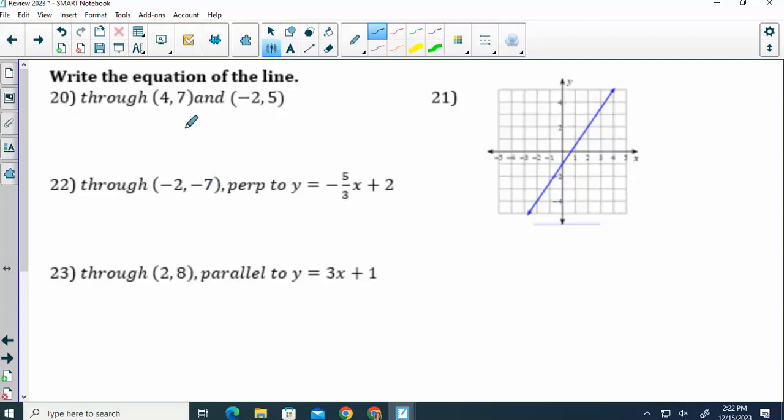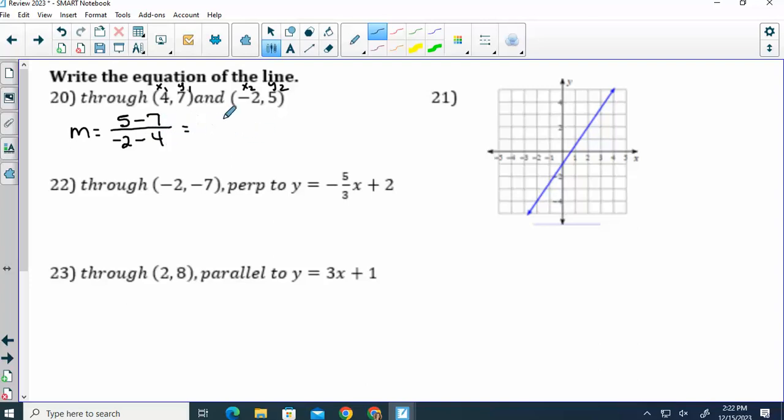So we need to get m if we're going to do that. So my m is x1, y1, x2, y2. So y2 minus y1 over x2 minus x1.